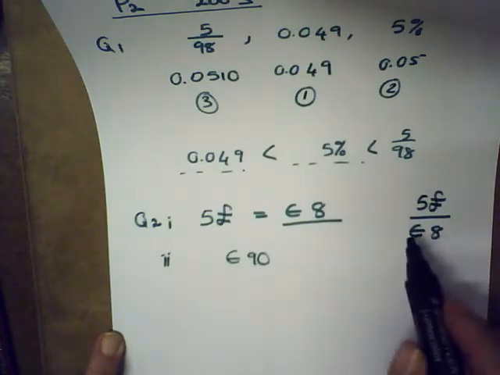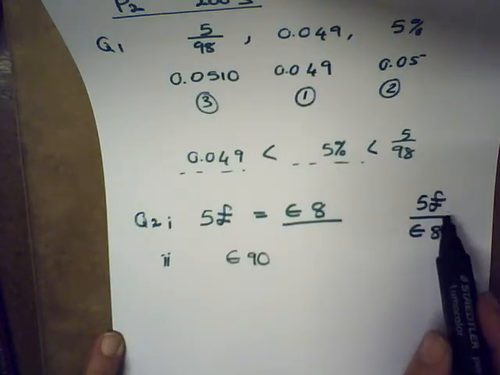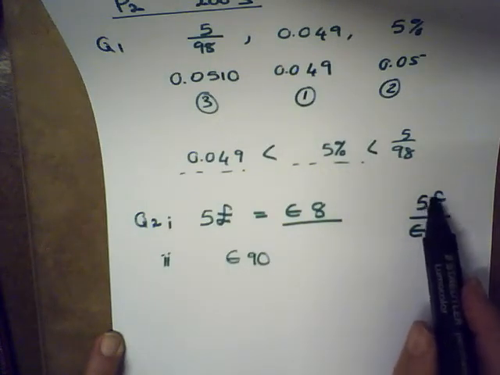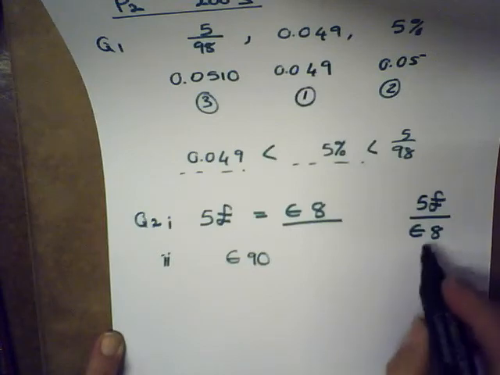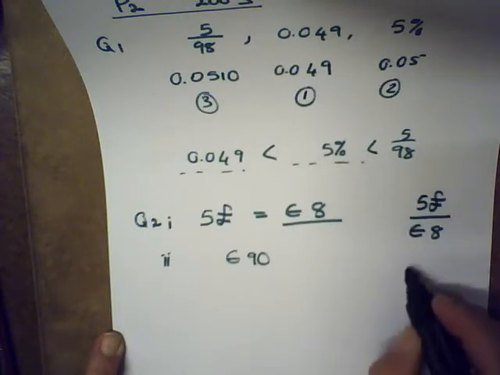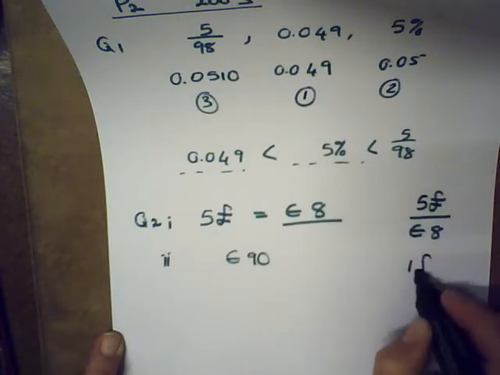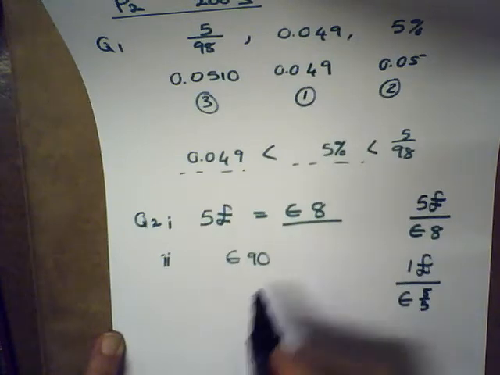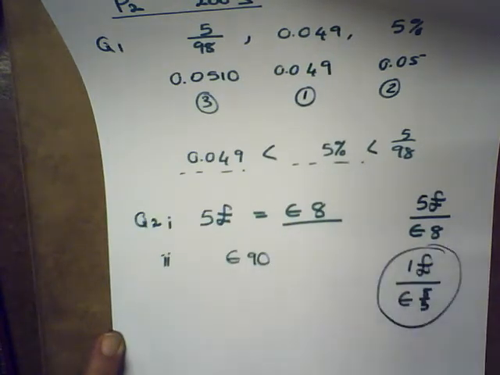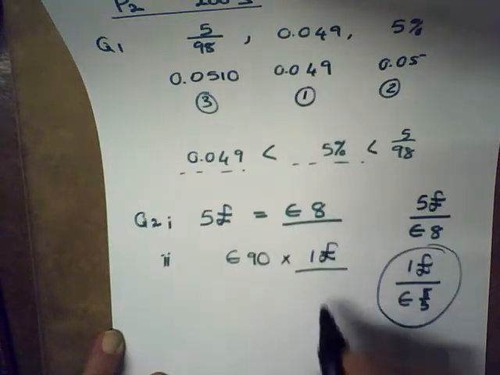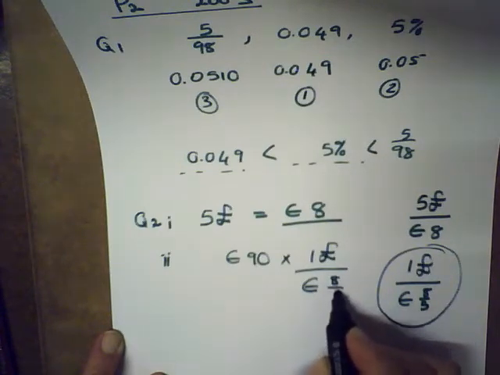I have to convert this into pounds, so I need a 1 pound here in my numerator, so that means I will have to divide by 5 in the numerator and the denominator. That will give me 1 pound, and then euros 8 over 5. Okay, we'll simplify it just now. Now this is the unit converter that I need to use, so times 1 pound over euros 8 over 5.